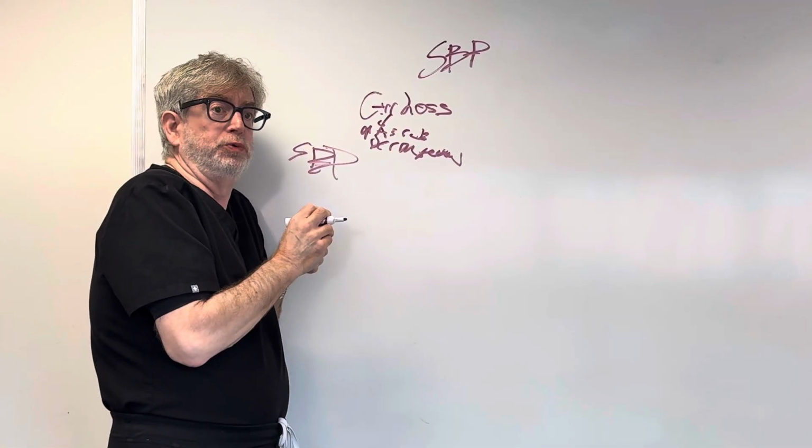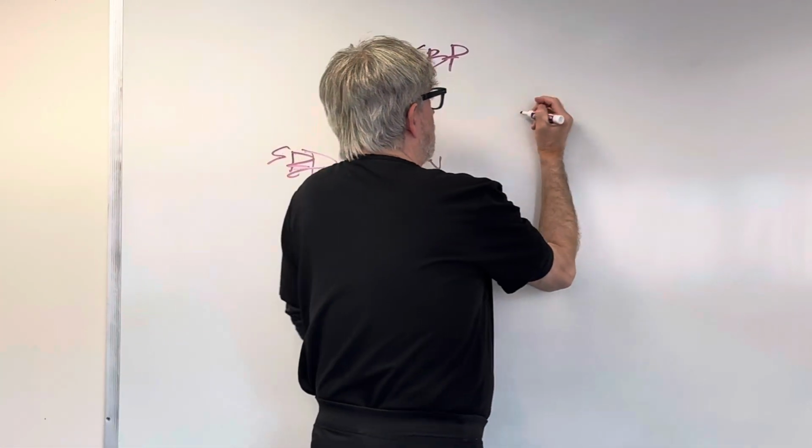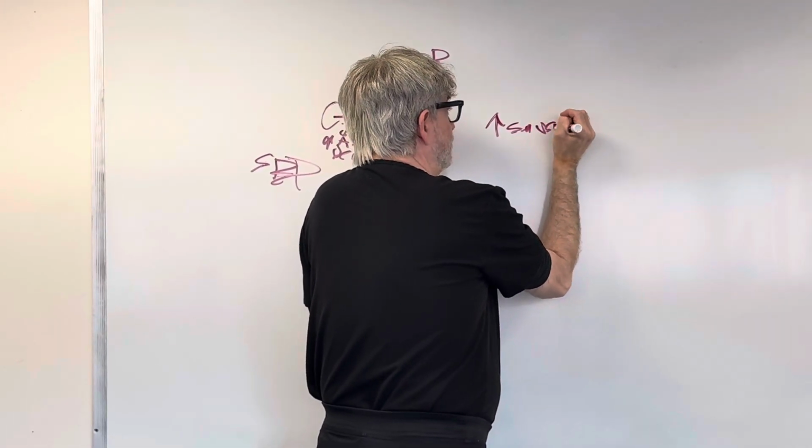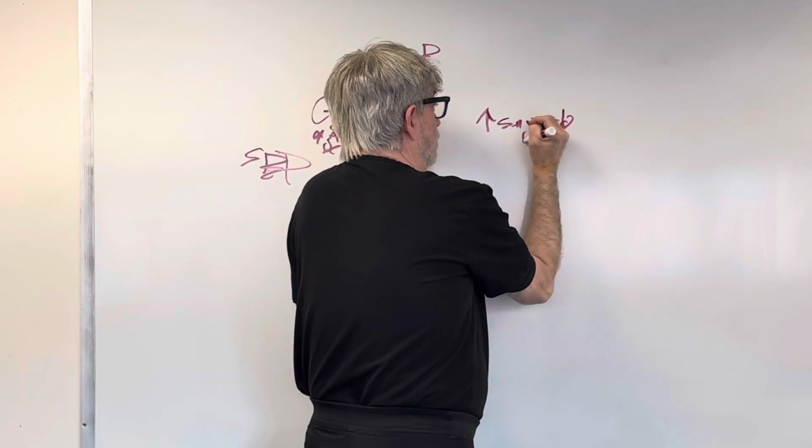Now, with cirrhosis, the mechanism of ascites is really sinusoidal hypertension.